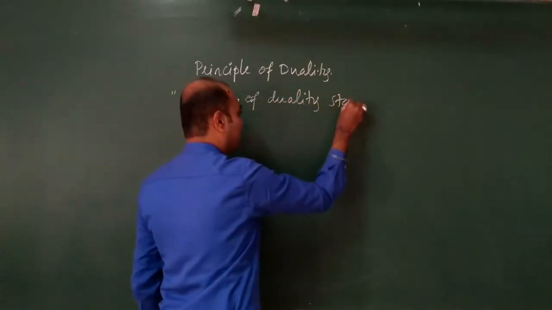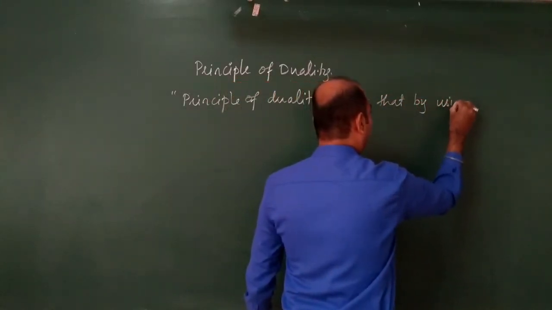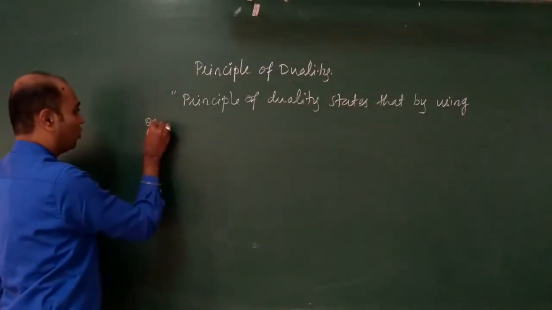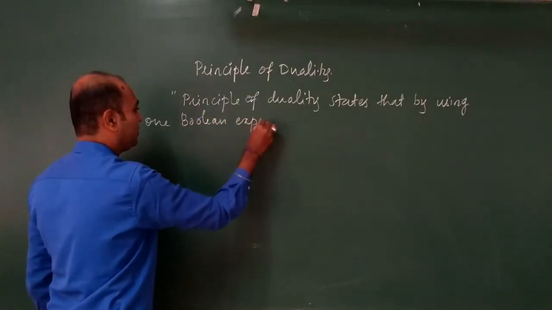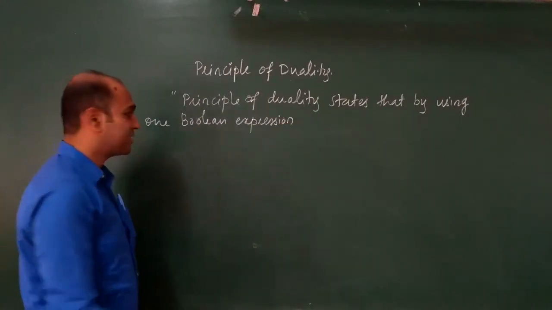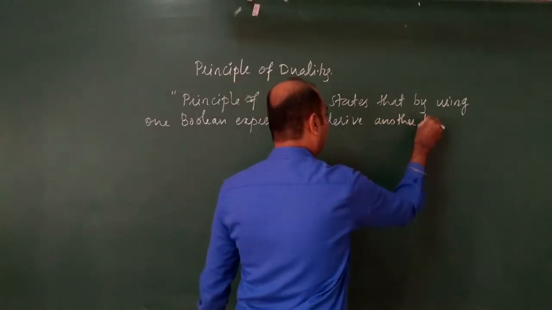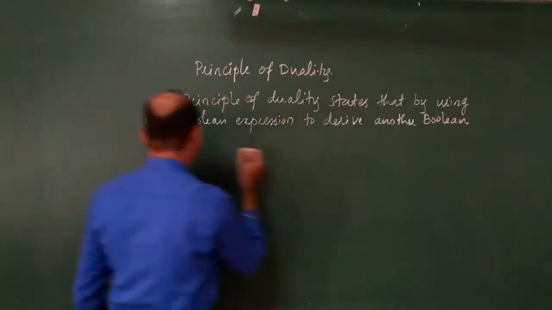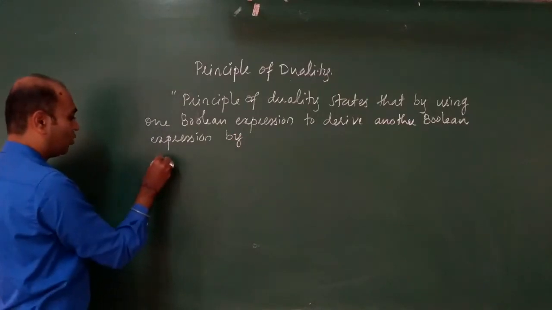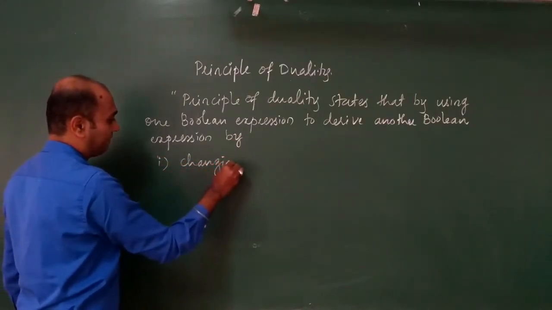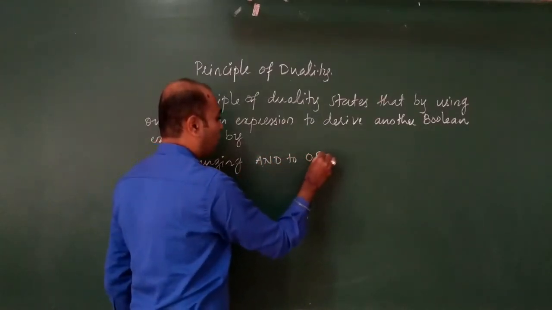Principle of duality states that by using one Boolean expression, or starting from one Boolean expression, we derive another Boolean expression by, number one, changing AND to OR.